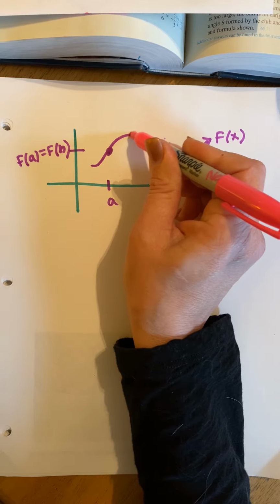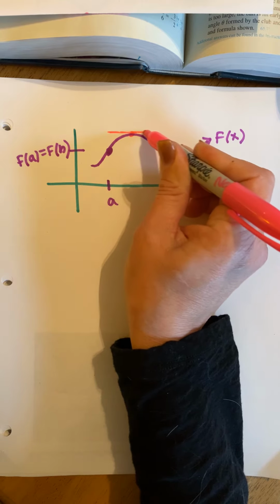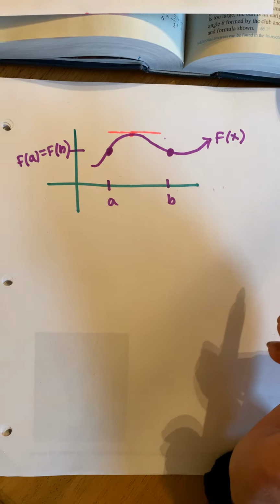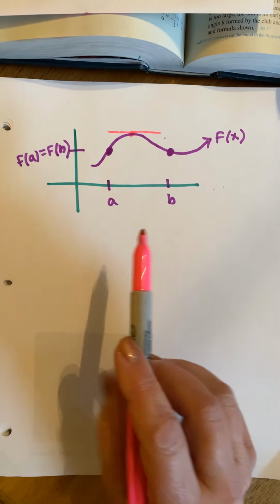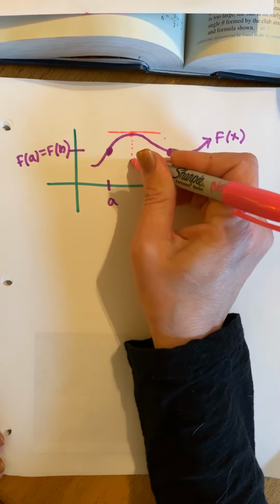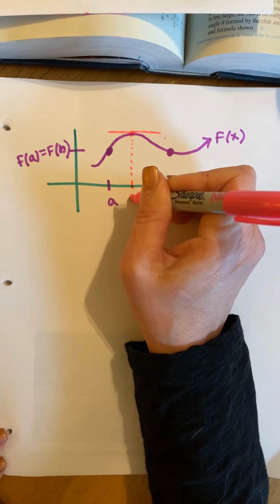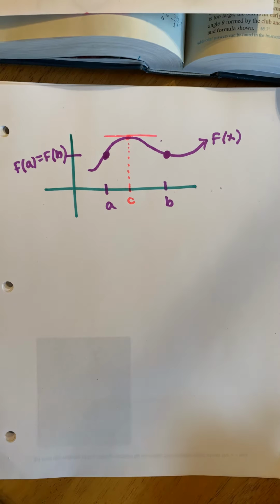So you see in my case right here, that's going to happen at the top of this hill. As long as you draw a function that satisfies all 3 conditions, it's continuous from A to B, differentiable between A and B, and the output at the endpoints is the same, you're going to be able to find a value c where your tangent is horizontal. So that's Rolle's theorem for us.